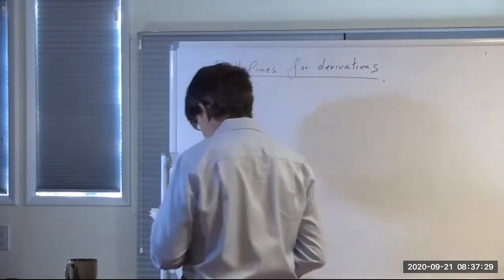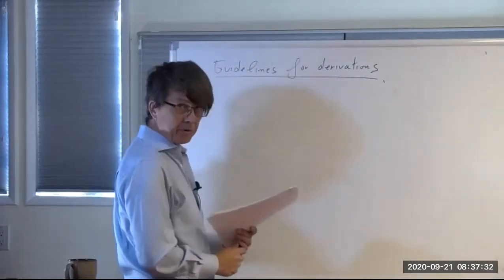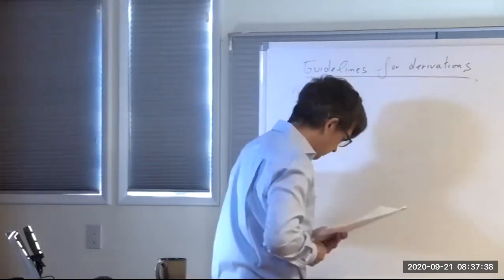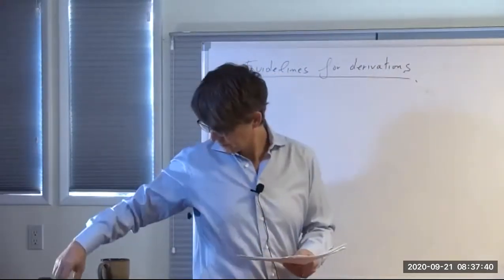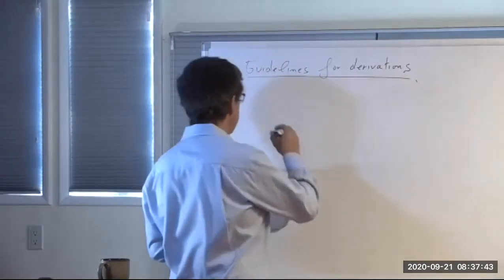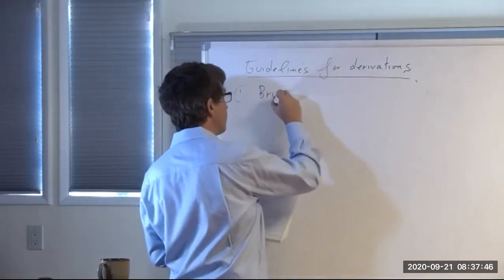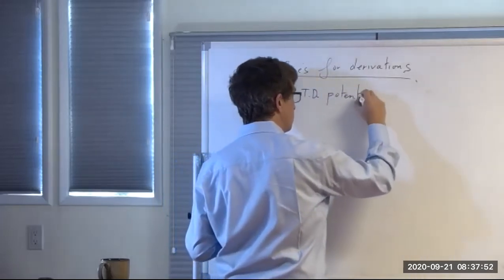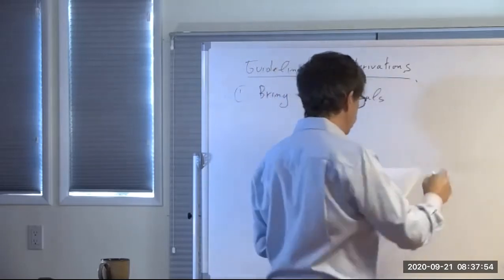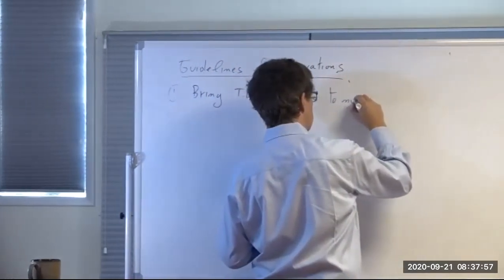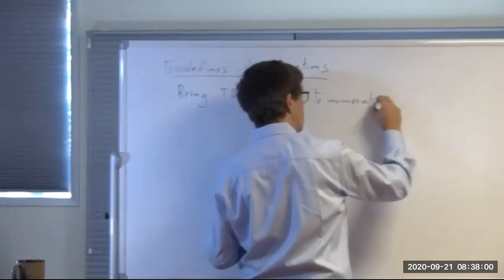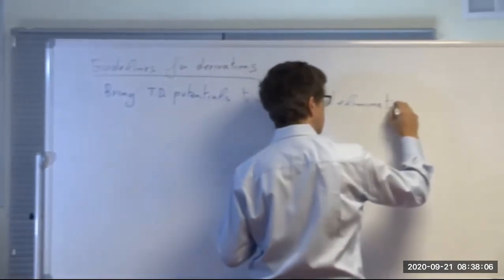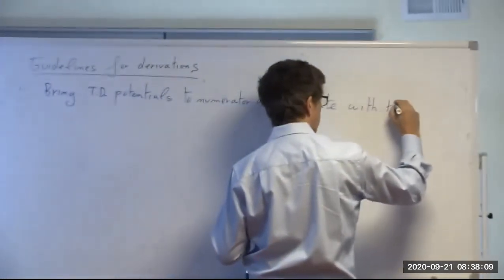If you have thermodynamic potentials in derivatives that you need to reduce, you always want to bring these to the numerator. And you want to eliminate them with their differential. So basically you substitute in their differential.